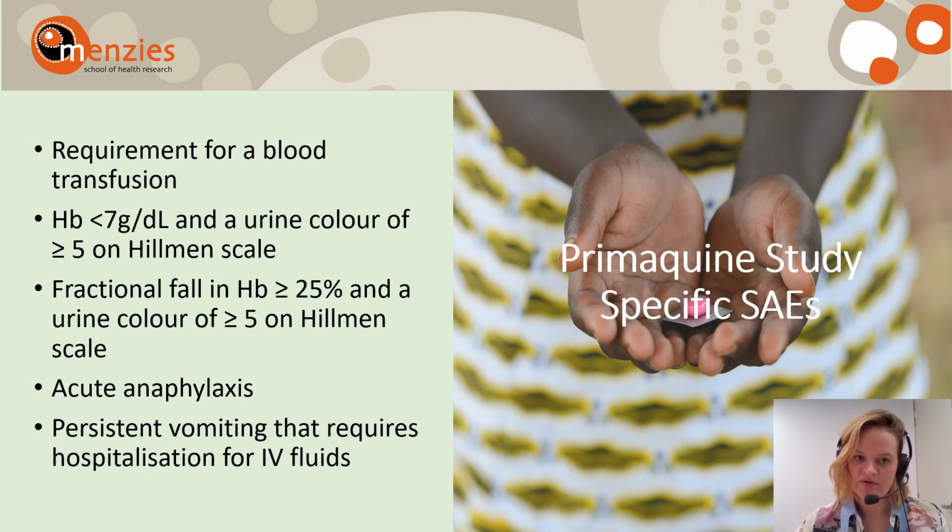So any participant who has a requirement for a blood transfusion, a hemoglobin of less than 7, and a urine colour of greater than 5 on the Hillman scale, a fall in HB greater than or equal to 25% from baseline, and a urine colour of greater than 5 on the Hillman scale, acute anaphylaxis, and persistent vomiting that requires hospitalization for IV fluids.